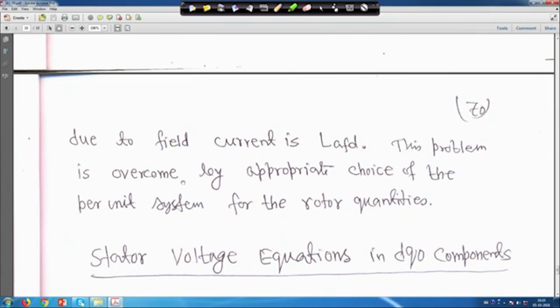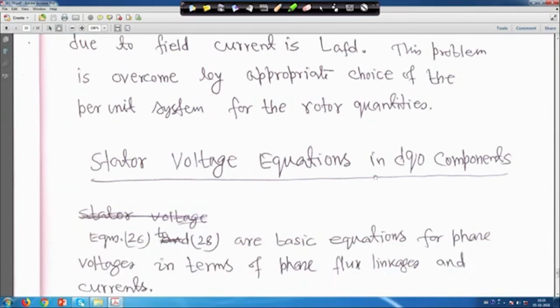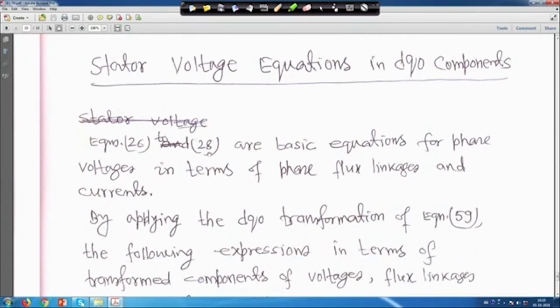This problem is overcome by appropriate choice of the per unit system for the rotor quantities, which we will see later. Similarly, for the stator voltage equations: equations 26 to 28 are the basic equations for phase voltages in terms of phase flux linkage and current.